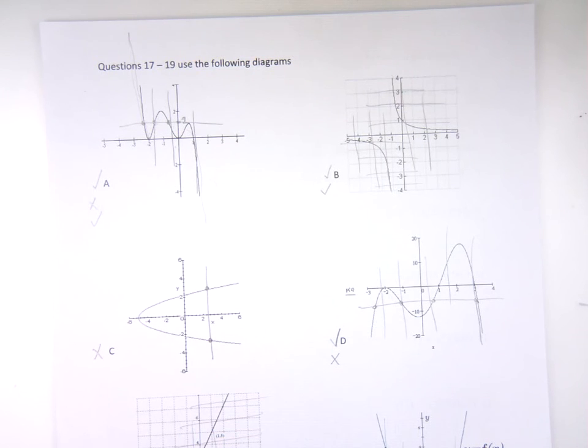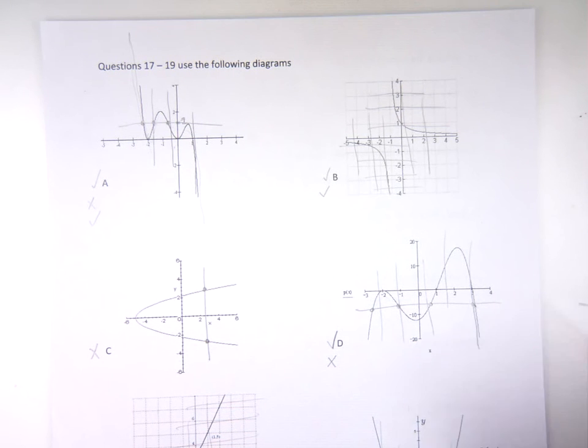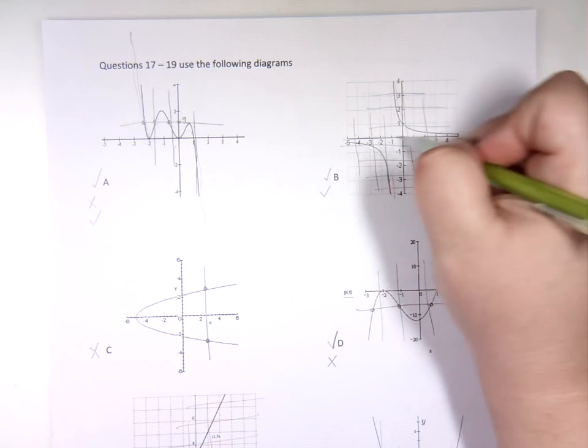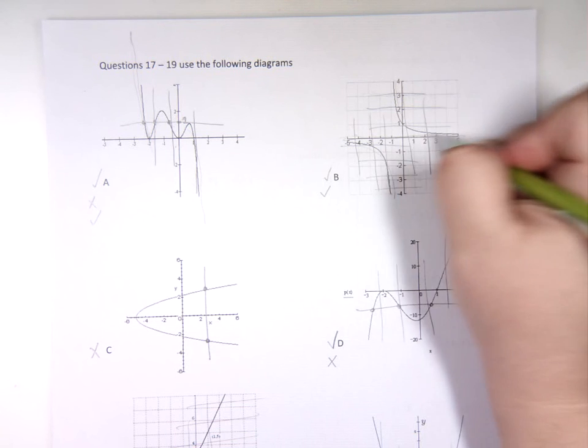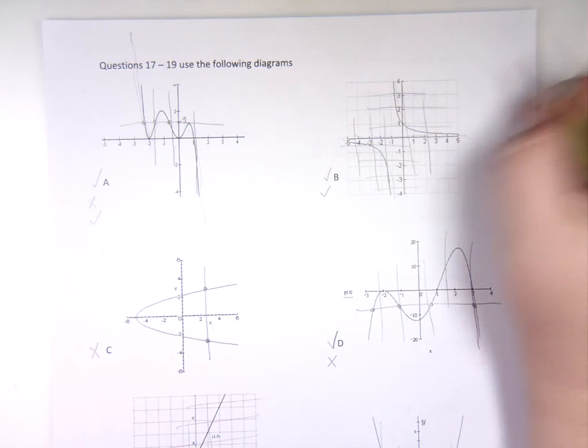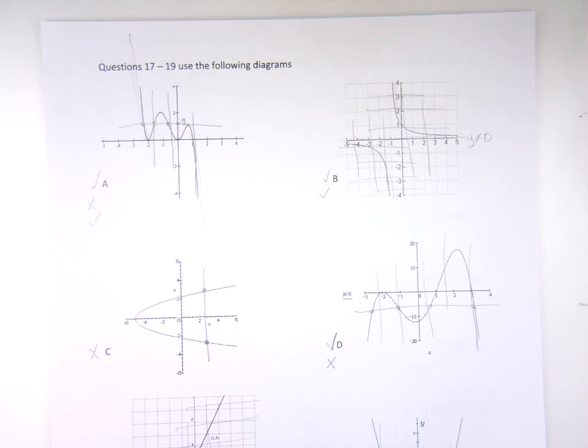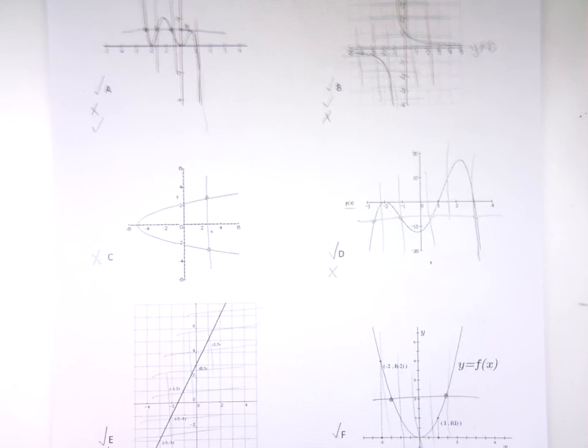B is almost onto, but you can see we've got a horizontal asymptote here at the x-axis. So y is not equal to 0. That's a problem. Because it doesn't use every single real number, it's not onto. C is not a function. We're not even going to worry about it.